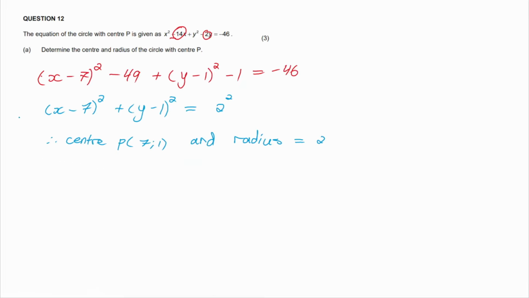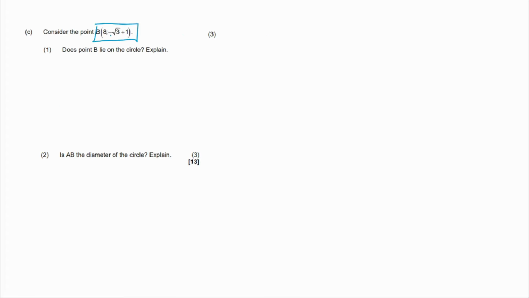Okay, now they say consider point B. Does the point lie on the circle? Explain. So what is the equation of our circle? If I substitute this point in, remember this is my x, and this over here is my y.